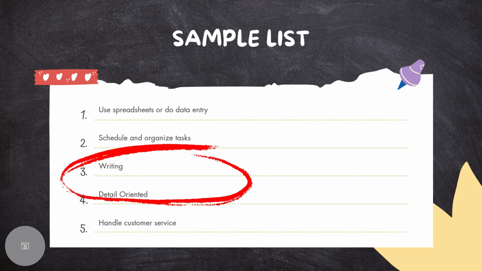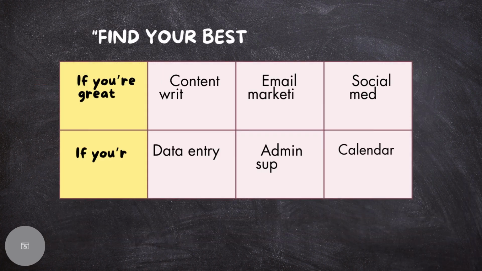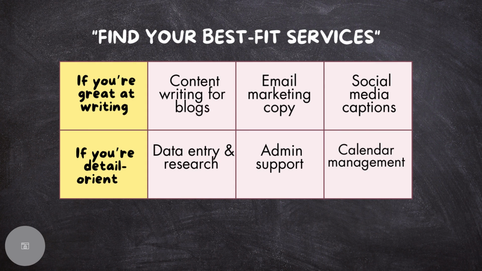Okay. Now, in order to find the services that best fit these skills, I have to write them down as well. So if you're great at writing, here are some of the services that you can offer: content writing for blogs, email marketing copy, or social media caption creation.